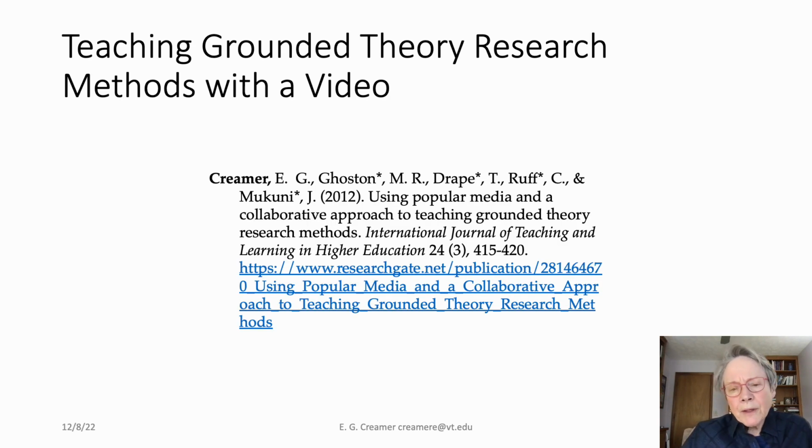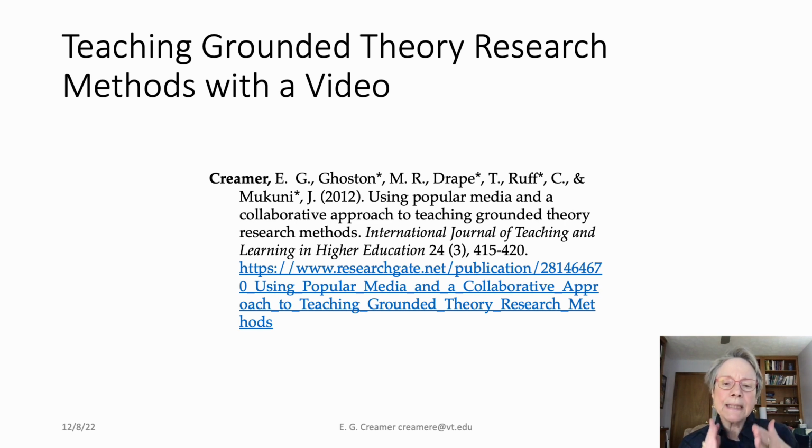The example I'm going to show you is from a class I used to teach, which was an advanced research methods graduate level course in grounded theory. And for that course, to teach actual research methods, how do you code? How do you create a coding scheme? How do you do theoretical sampling? All the things that are so core to grounded theory. I used an unconventional approach, and that is I used a movie.